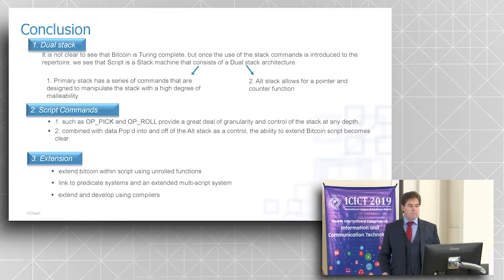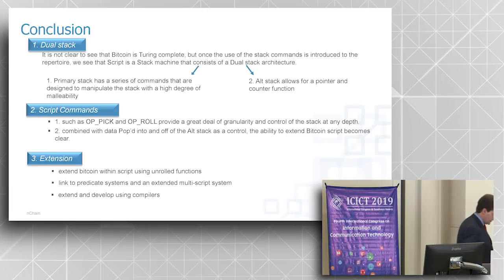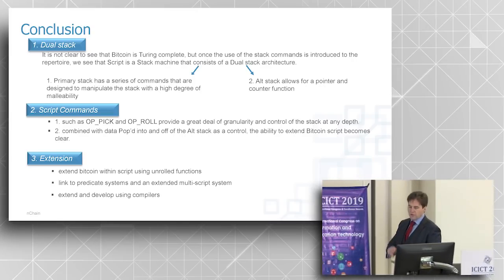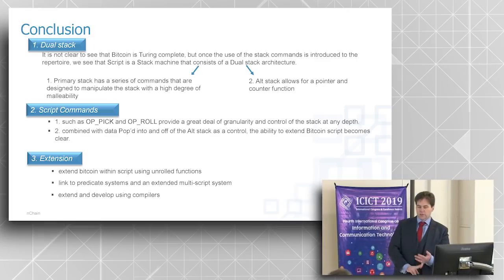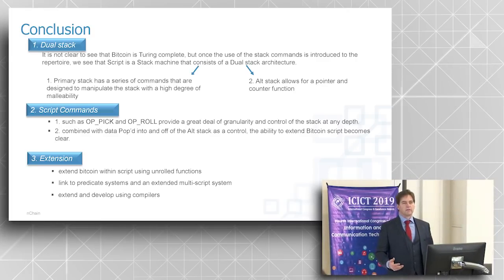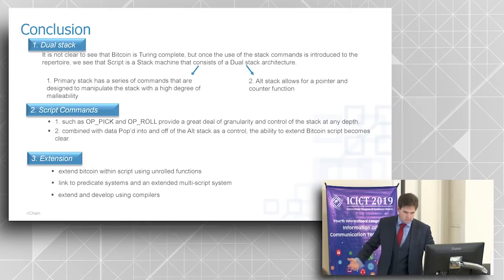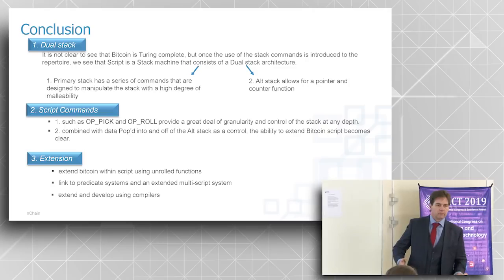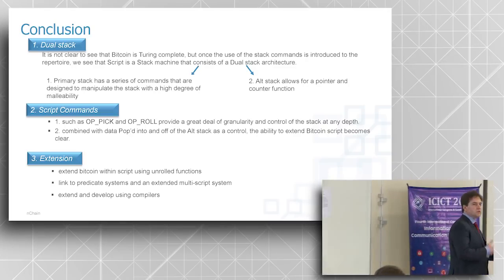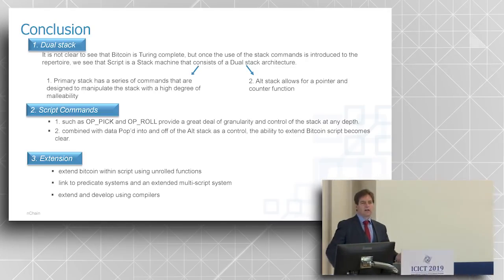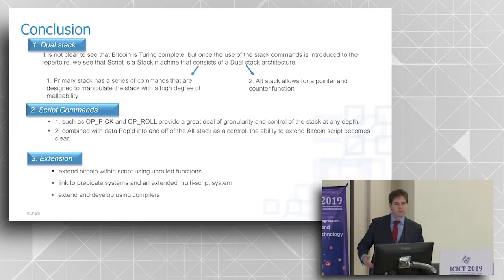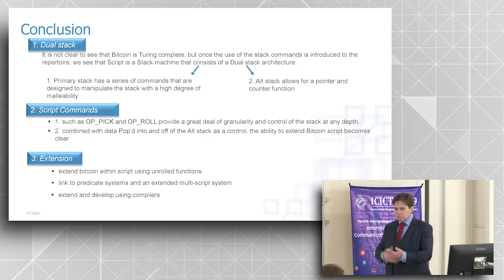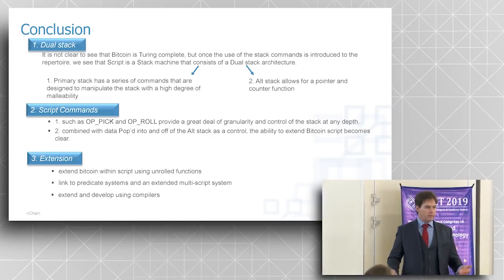And over time, because of the dual stack functionality, even though the alt stack's probably more likely to be used something like a counter slash registry, enables us to actually create more and more complex script. So one of the things that we've been doing in the background that no one has known about is we're starting to develop compilers and a high-level language, which aren't out yet, but they will be, allowing you then to do things such as people did in old PIC databases.